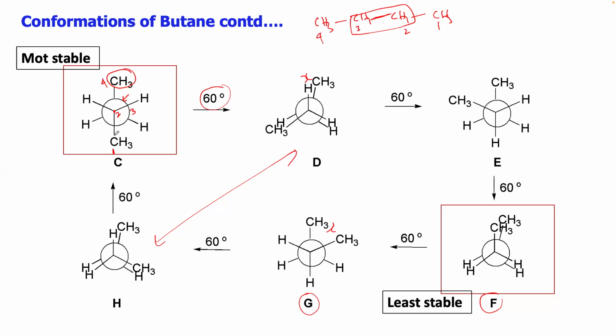So 60 degrees means this CH3 gets here. See, that's what happened here. When you go to the next 60, it comes here. Then you rotate another 60, and this CH3 comes here and gets eclipsed with the CH3 attached to the back carbon. So likewise, okay.